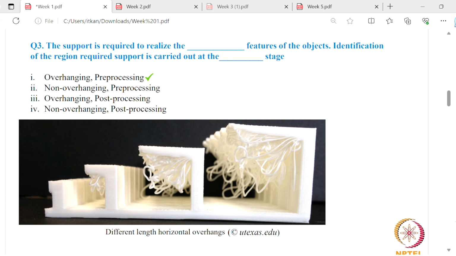Now, we have to see where more inaccuracies arise, and we need to decide how many, where and what support structure to give, because there are support structures like linear, tree-like. So this is a sort of FDM process.